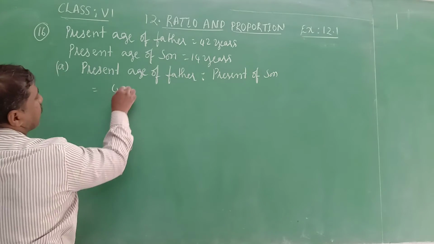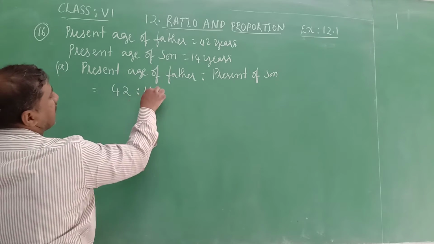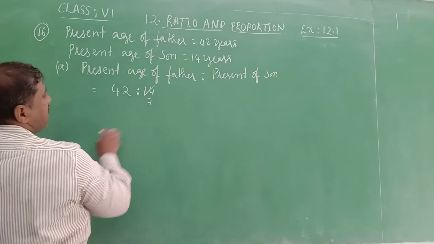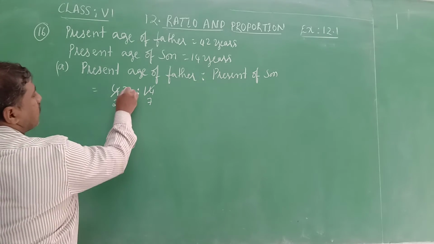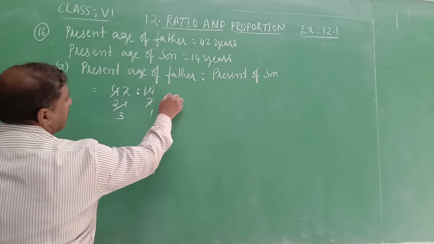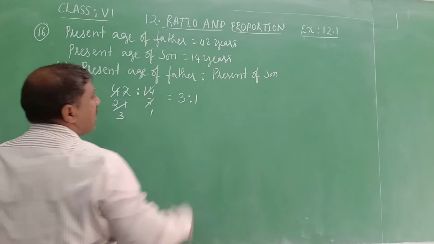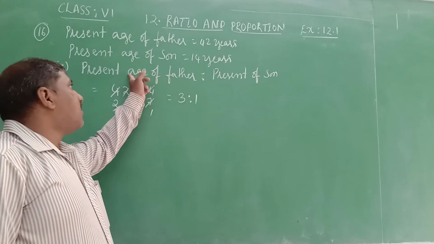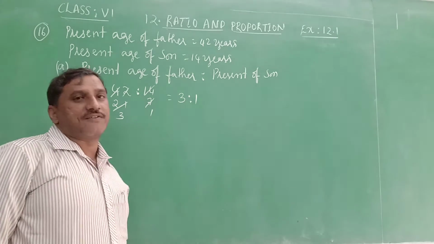Father is 42 years, son is 14 years. 2 sevens are 14, 2 twos are 4, 2 ones are 2, 7 threes are 21. Therefore, what is the ratio? Yes, it is 3:1.